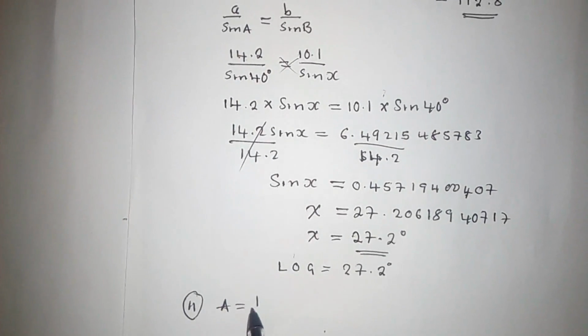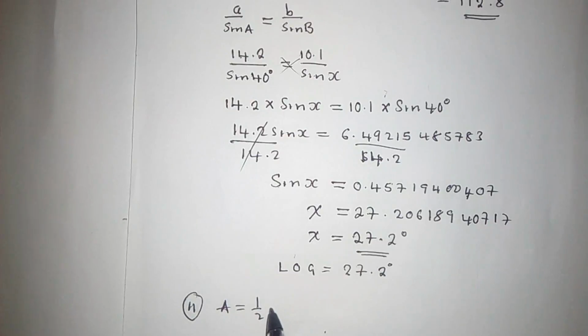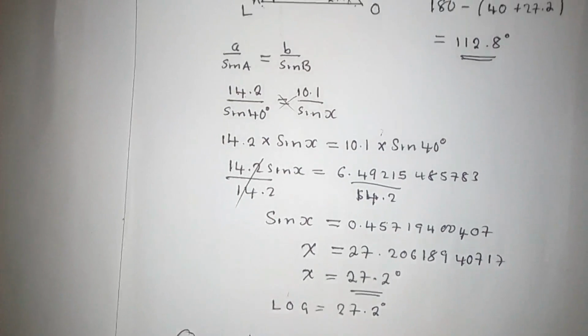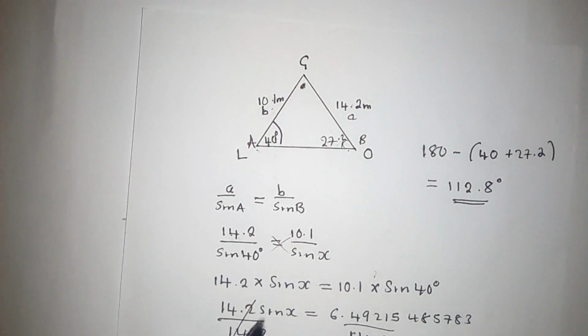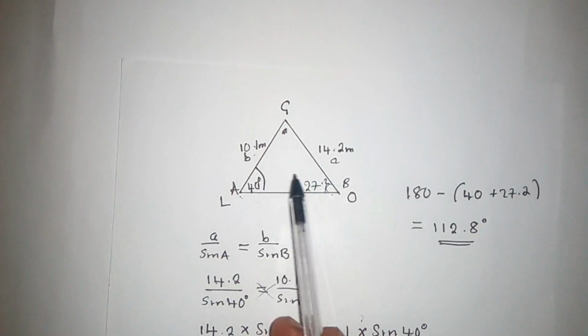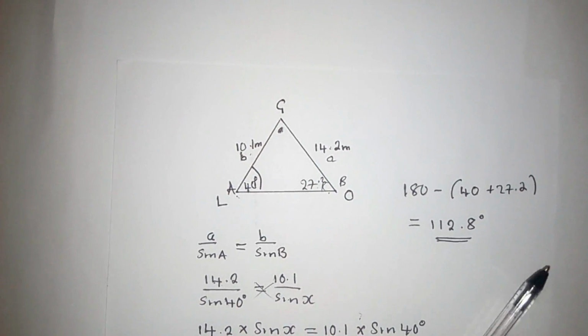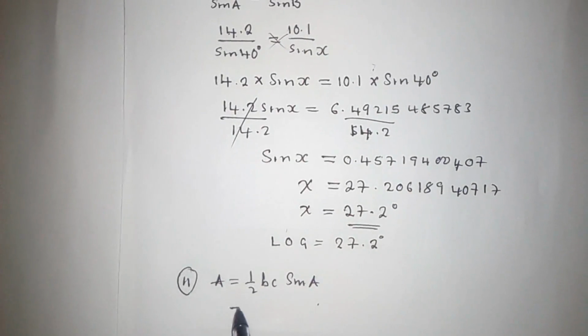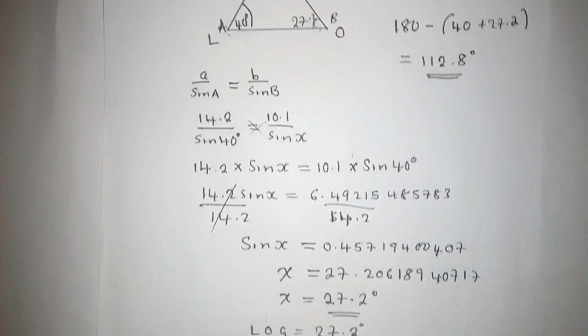Area is equal to 1/2 bc sine A. And remember, this is not a right angle triangle, it's a non-right angle triangle, and for non-right angle triangles, we use this formula. And then 1/2.